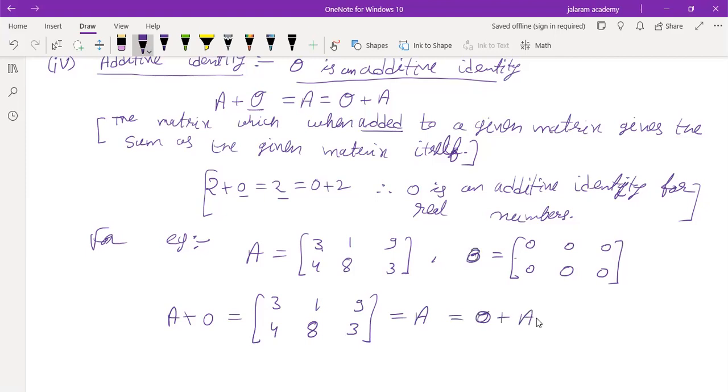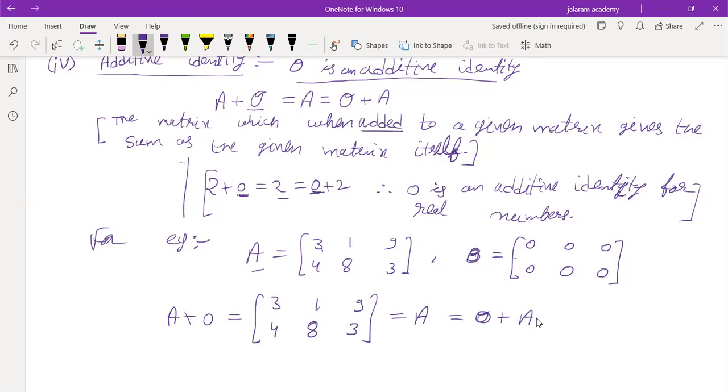O means null matrix. If a null matrix is added to any matrix, the result is the same as the given matrix. That's why this null matrix is an additive identity. It is equivalent to 0 in real numbers. Is that clear to you? 0 is an additive identity for real numbers.